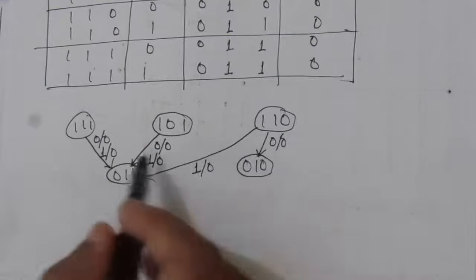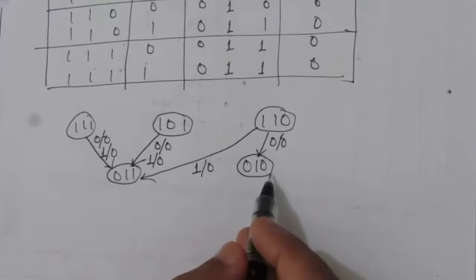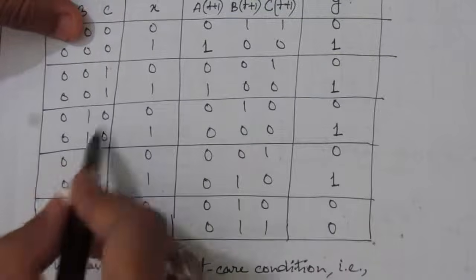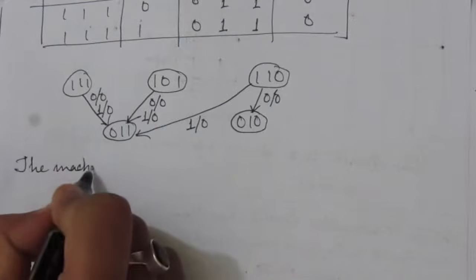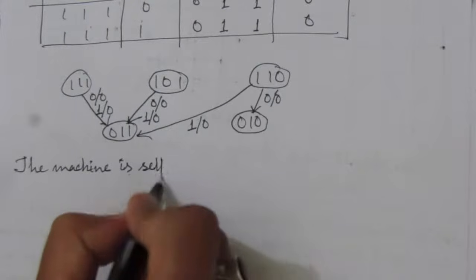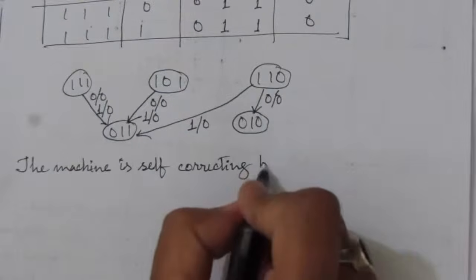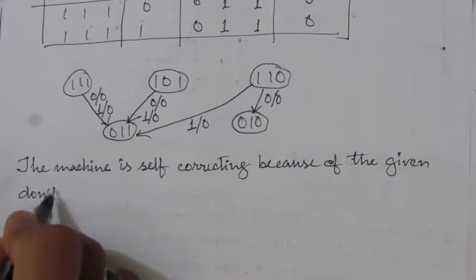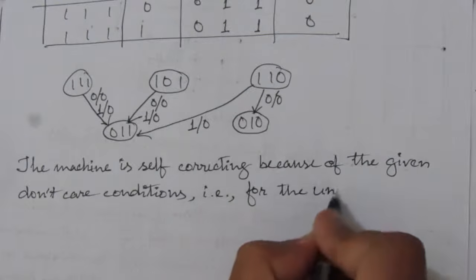Here we can see that they are transiting to 0 1 1 and 0 1 0, and we already have 0 1 1 and 0 1 0. So we can write here that the state machine is self-correcting because of those don't care conditions, that is, for the unused states.